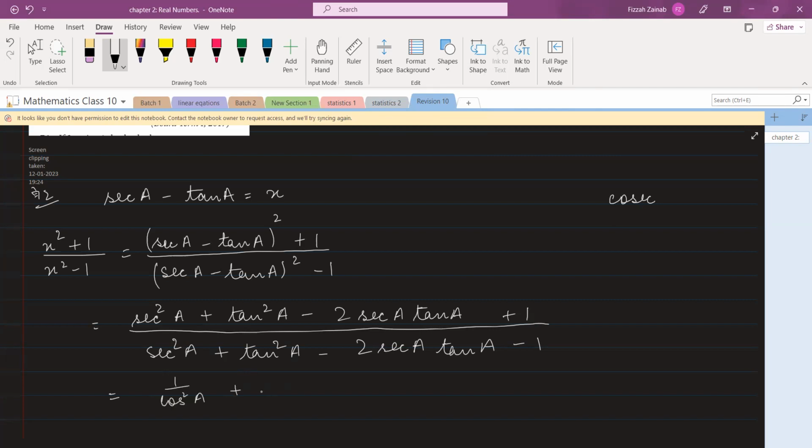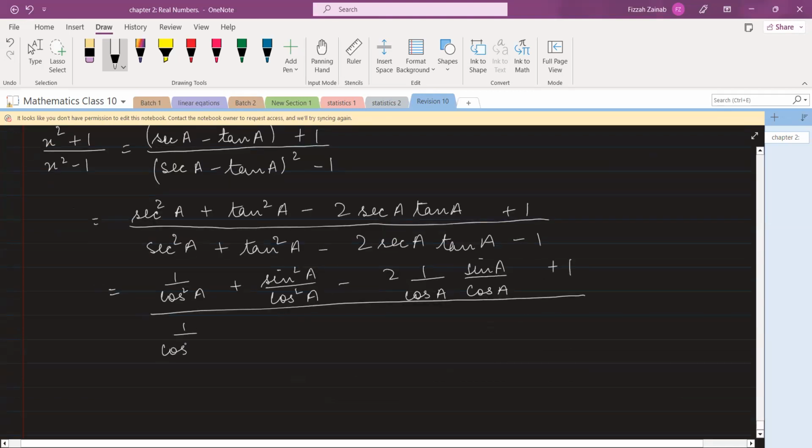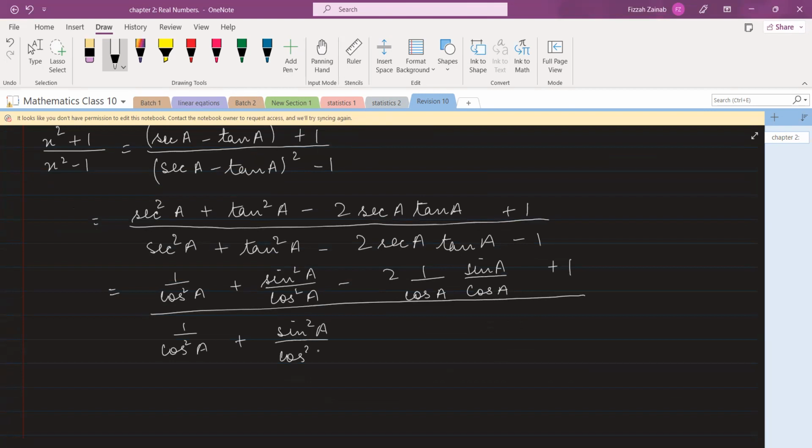Square A plus sine square A divided by cos square A minus 2 into 1 upon cos A, and this is sine A divided by cos A, and then you have plus 1. Now again divided by 1 upon cos square A plus sine square A divided by cos square A minus 2 into 1 upon cos A into sine A divided by cos A minus 1.